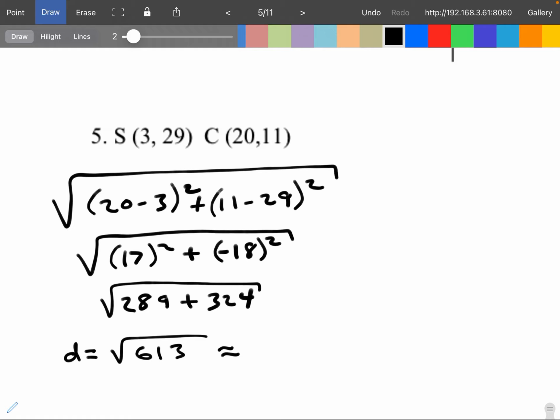And then, is 18 squared 324? Did you try it, Rachel? Yeah. Okay. It's 613. So we need the square root of 613. That's the exact answer. 24.76. Yeah, and then you got to round it off.